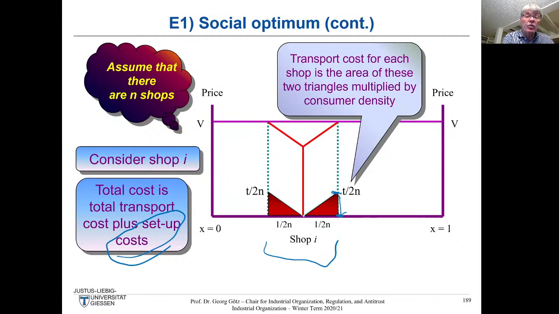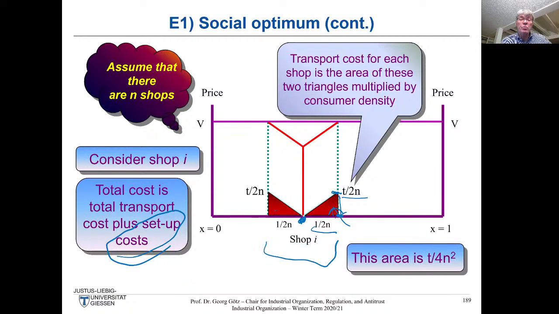The consumer located where the shop is has transport cost of 0, and it's straightforward to calculate the area of these triangles. Here we have just 1 over 2n times t over 2n, and then over 2, but as we have 2 triangles, we get rid of this division by 2. So this total red area is simply t over 4n squared.